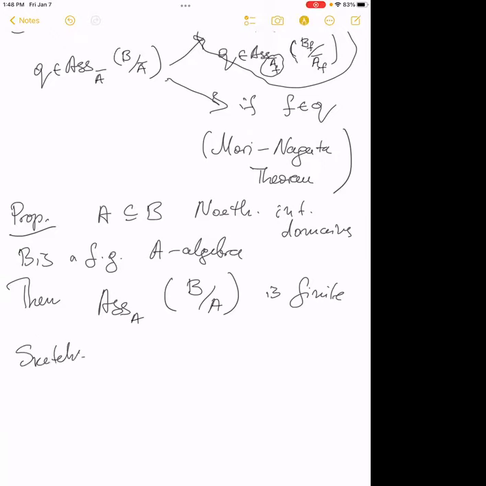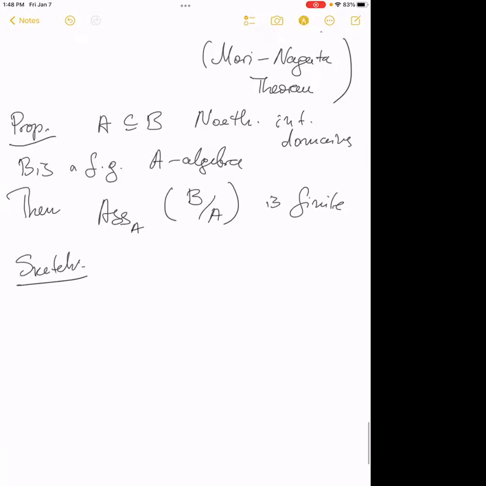So I'll give a sketch here, leaving some technical details. The case to consider is when B is generated by one element T over A. One can reduce quickly to this case.